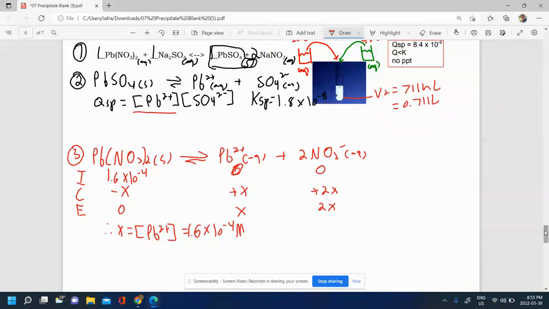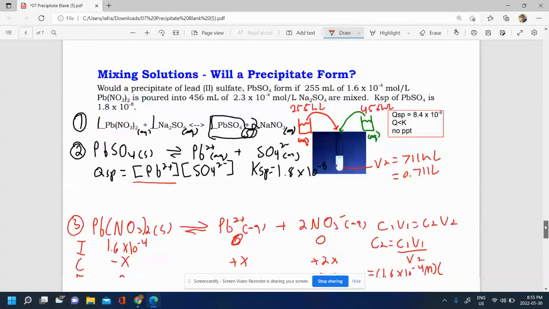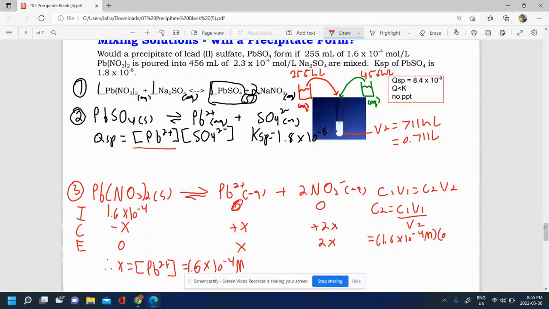So we need to use C1 V1 equals C2 V2 to find our C2, which is C1 V1 over V2. And so it's going to be 1.6 times 10 to the power of negative 4 molar times the initial volume for the lead nitrate, which was 255 mL, or 0.255 liters, over the new volume, 0.711 liters.